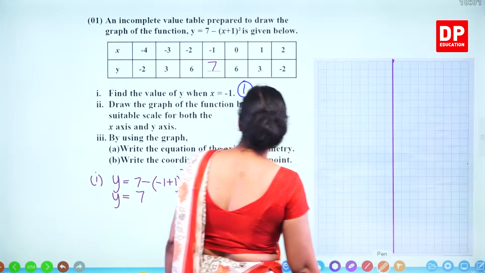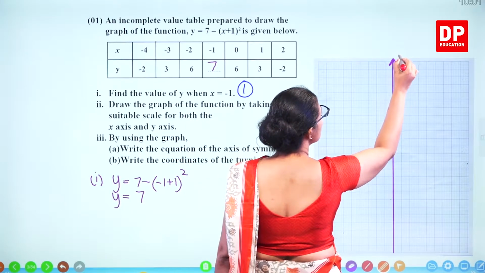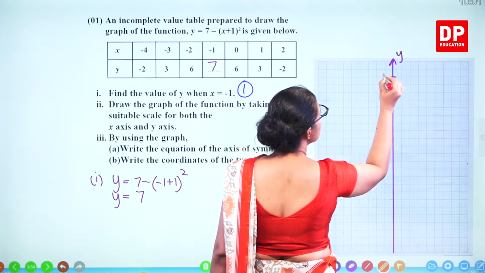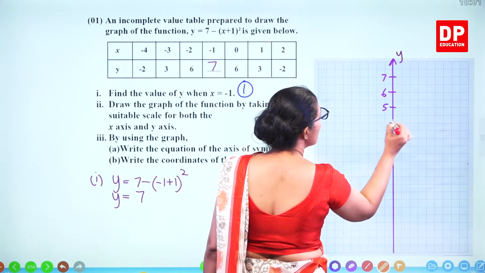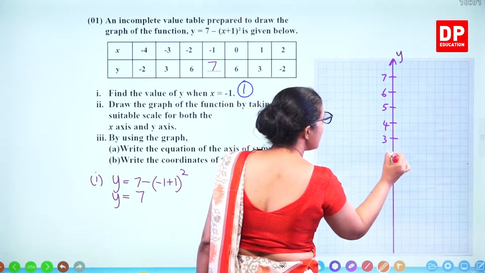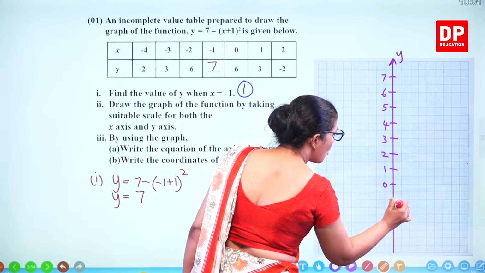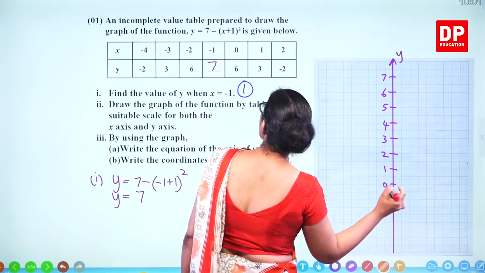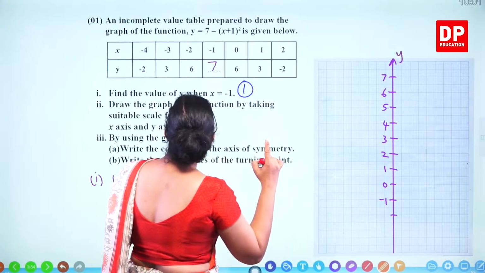And you can mark the points now starting from 7. This is y starting from 7, 6, 5, 4, 3, 2, 1. This is 0, minus 1 and minus 2.